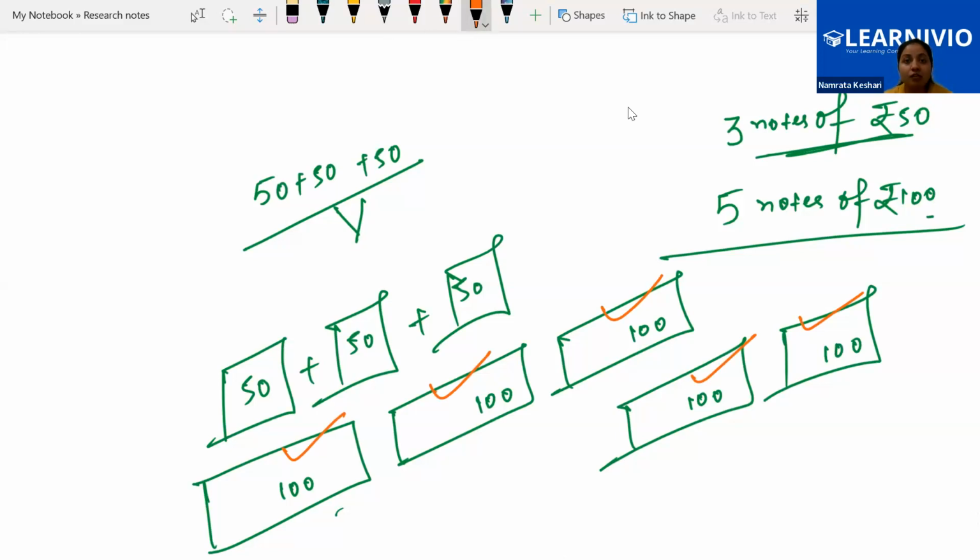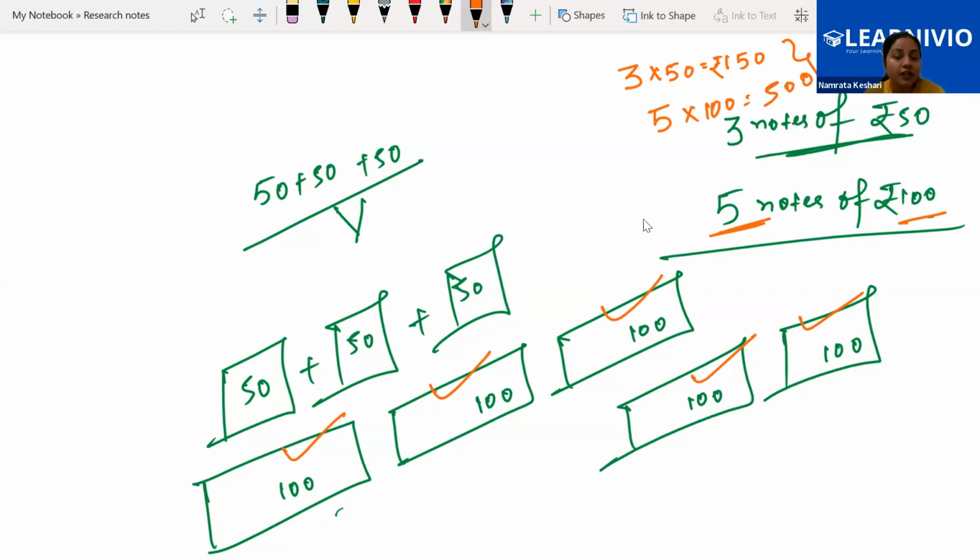Are you getting it? How will we get this 650 without making this type of diagram? Directly we need to do the multiplication. When we multiply 3 notes of 50, 3 into 50, it will give you 150 rupees. And when you multiply 5 notes of 100, you will get 500. When you add these two, directly you will get 650.